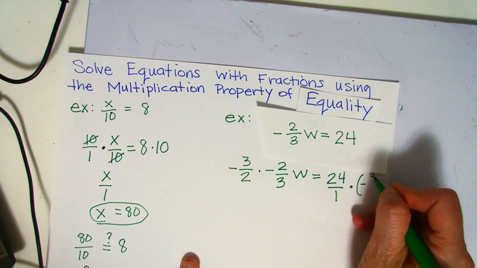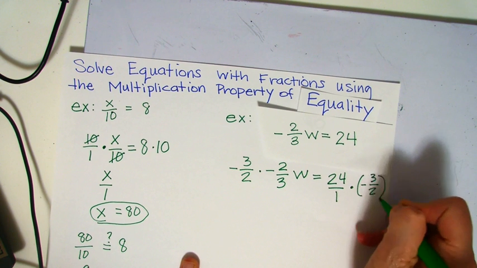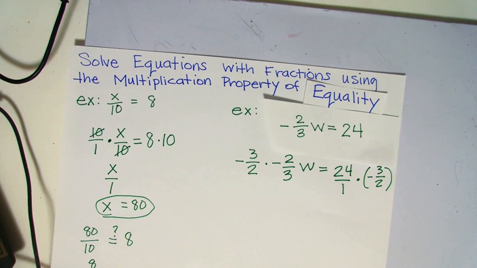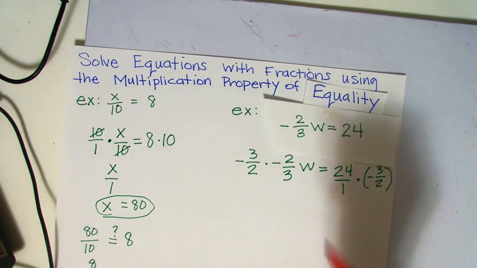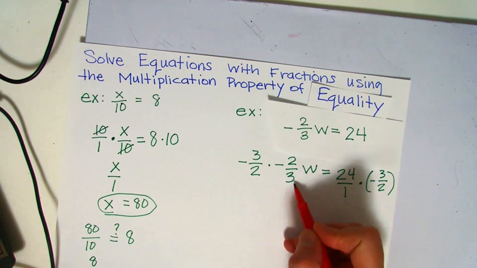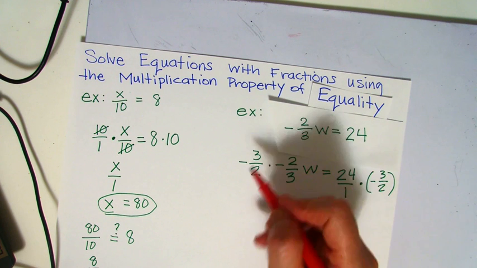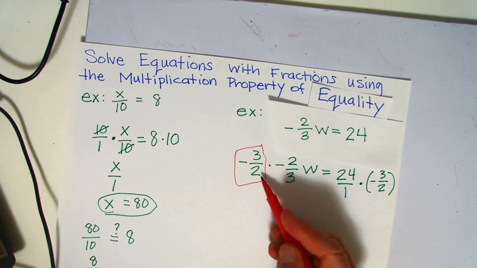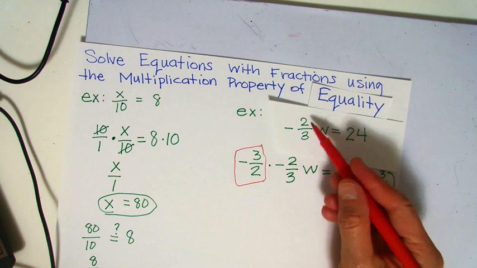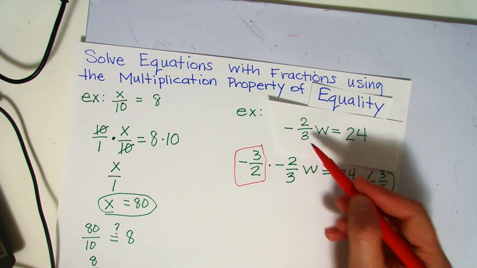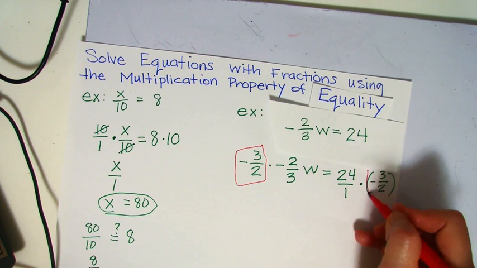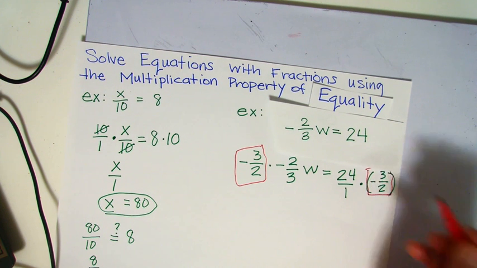Negative 3/2. So you can see this was the original fraction, and I'm multiplying the reciprocal. So the reciprocal means we're flipping the fraction. I am including the sign, and so I have that here as well.